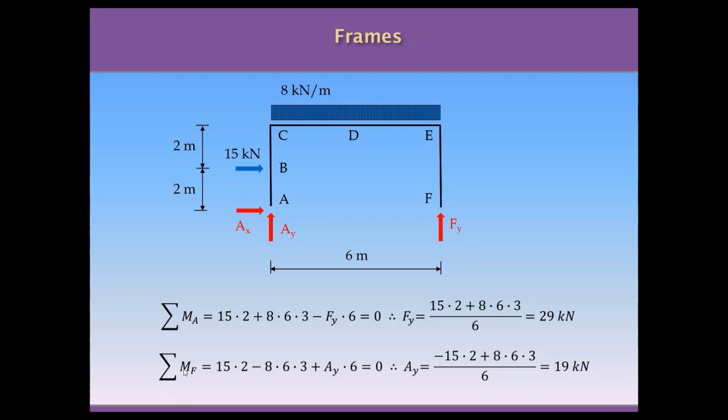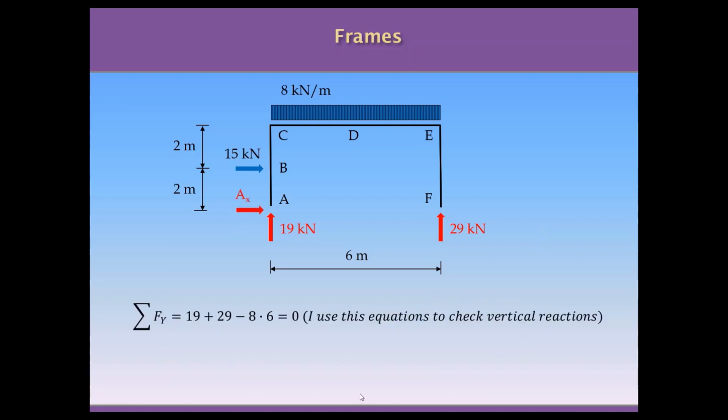Just to mention, regarding the moment around F, this is not producing any moment because there is no perpendicular distance to the force to the point F. The same happens when you take moments around the point A. So these two forces do not produce any moment because there is no perpendicular distance to the force regarding the point. So we have now the values of these two vertical reactions located in our free body diagram.